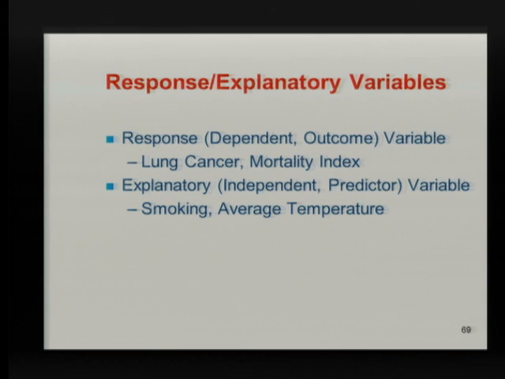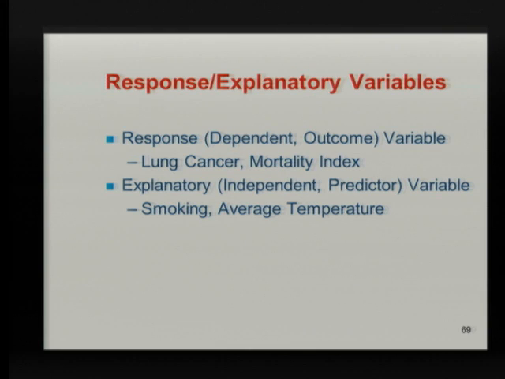So, for instance, you found a lot of people get lung cancer, and you think that's an outcome of something. Then lung cancer is the so-called outcome variable. Or sometimes people say it's a response variable, or dependent variable, because this outcome depends on some kind of behavior, right?